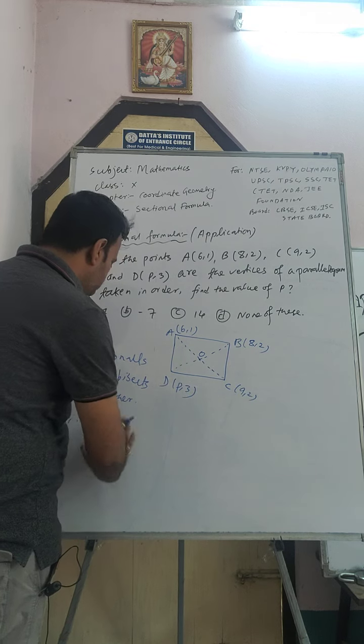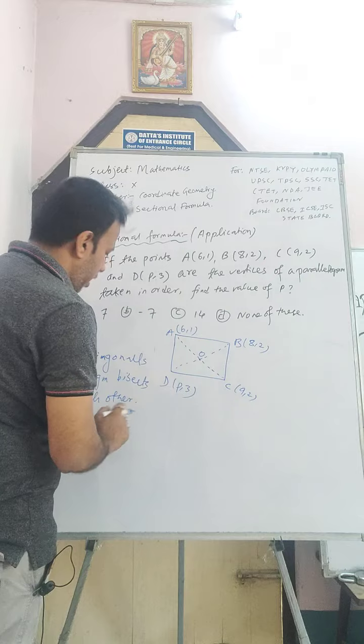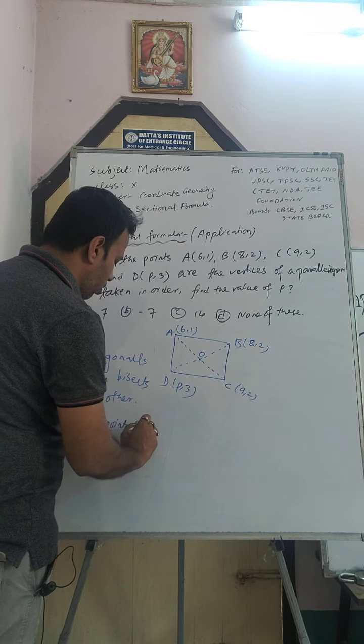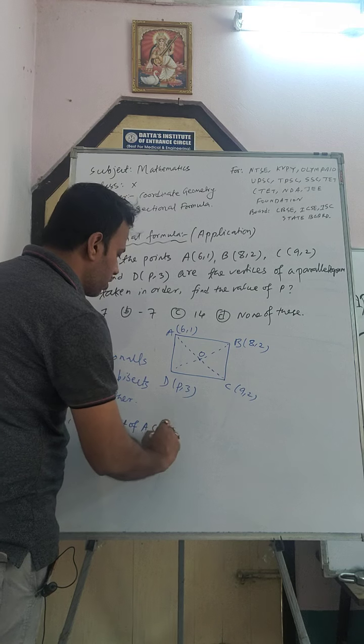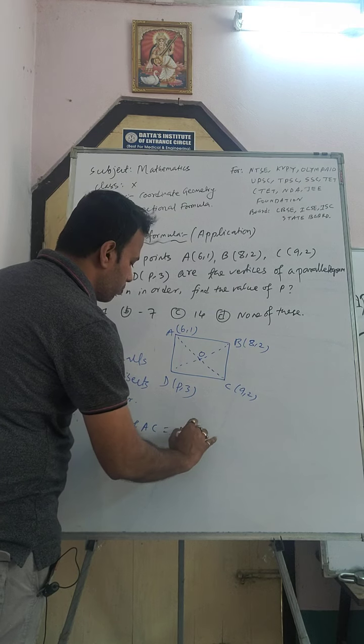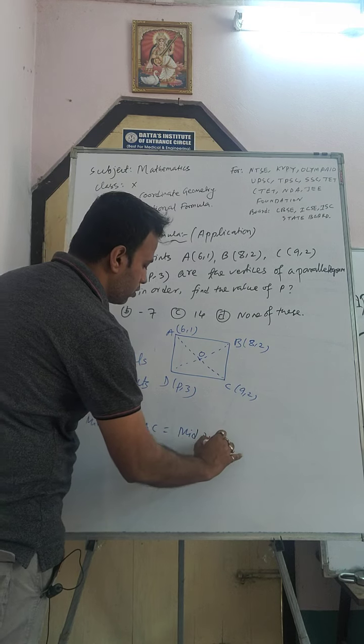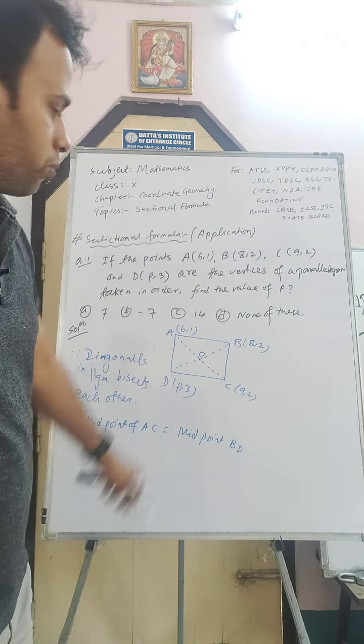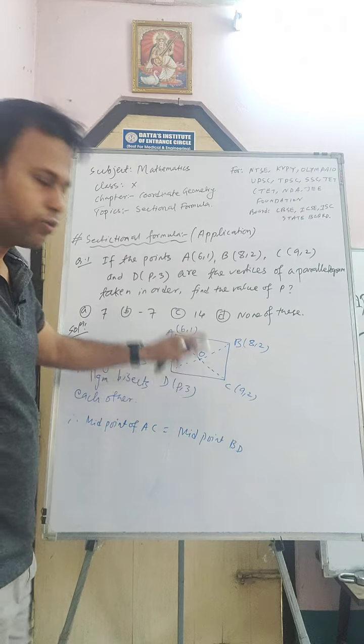Therefore we can say midpoint of AC is equal to midpoint of BD. Both the midpoints are the same, that is O.